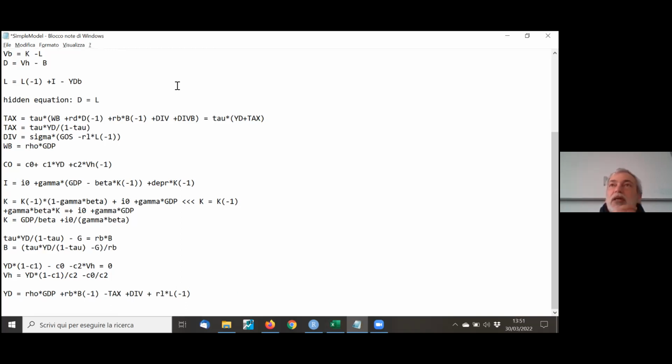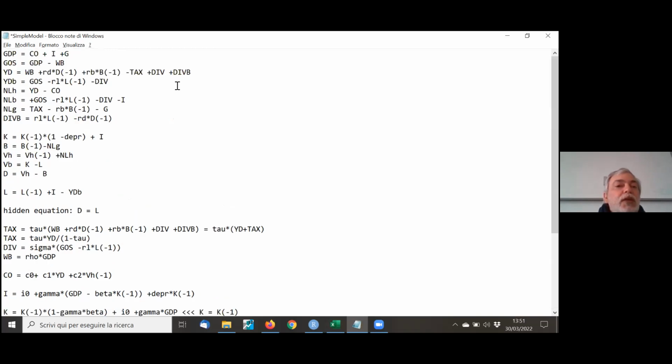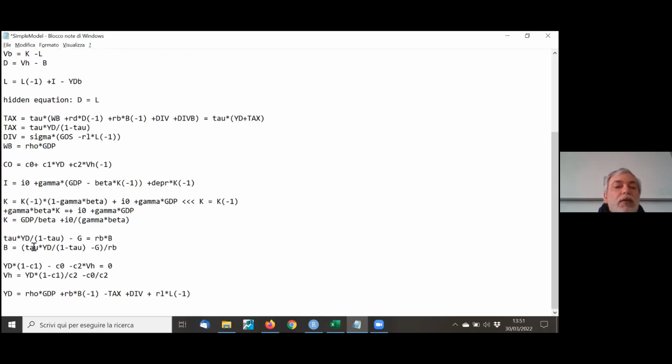This is because if the banks pay higher interest on deposits, they have lower profits, so they distribute less dividends. So these cancel out. And these dividends paid by firms are given by this sigma times the gross operating surplus minus the interest paid on loans.